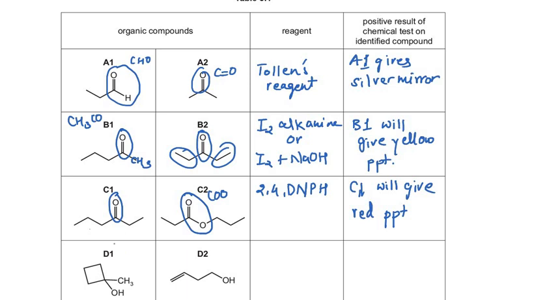The next pair of compounds is D1 and D2, where D1 has an alcohol group and D2 also has an alcohol group. So what's the difference? D1 is a cycloalkane because there is no double bond, but D2 has a double bond, so it's an alkene. Now for an alkene, the only famous test is aqueous bromine, or you can write bromine water.